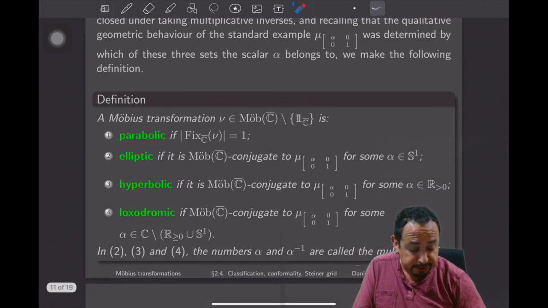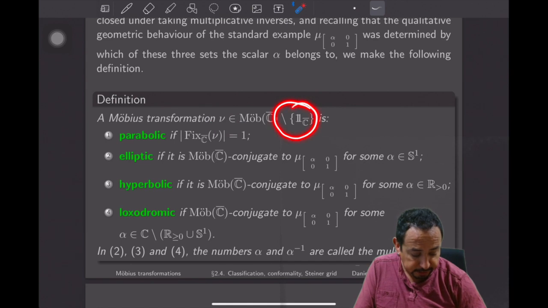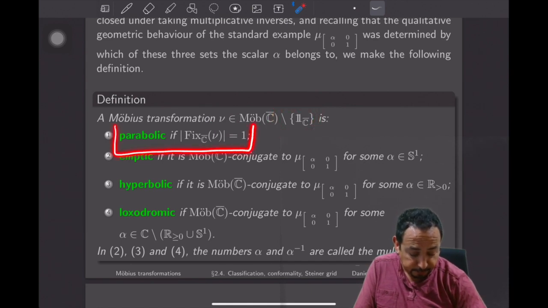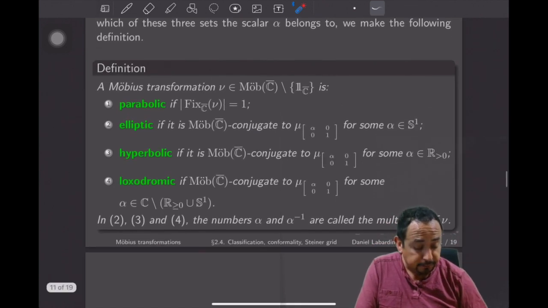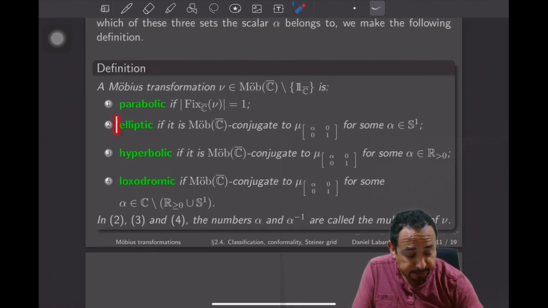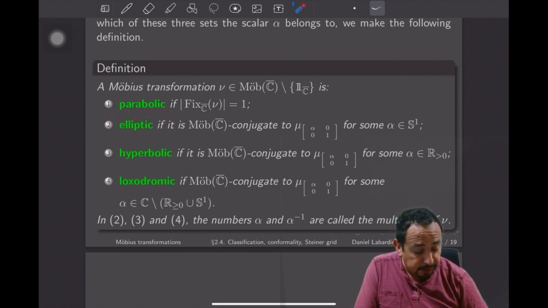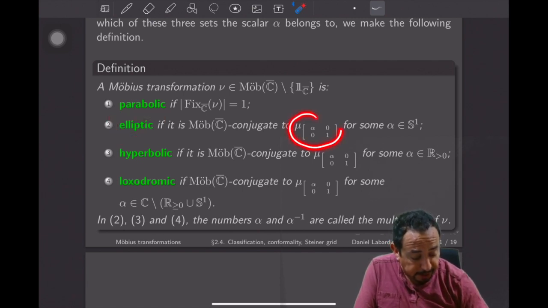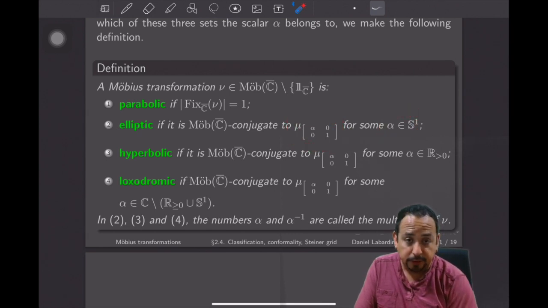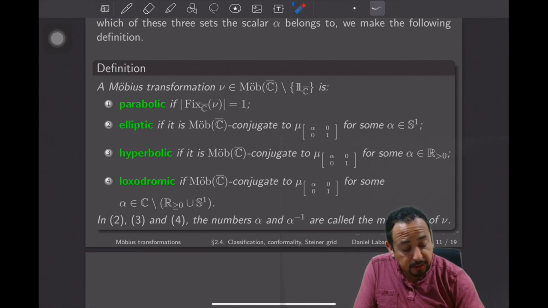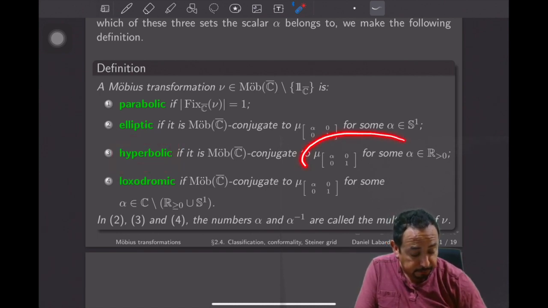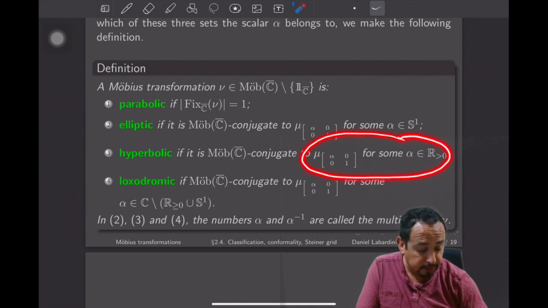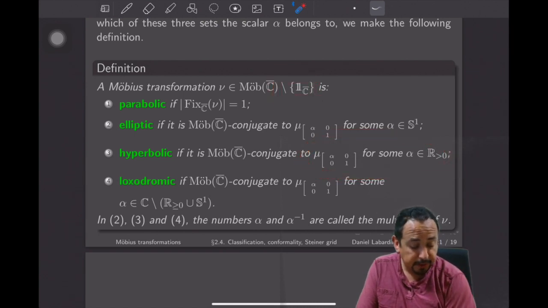A Möbius transformation, different from the identity, is said to be parabolic if it has exactly one fixed point, and if it has exactly two fixed points, we say that it is elliptic if it is conjugate to multiplication by some element of the unit circle. We say that it's hyperbolic if it's conjugate to multiplication by some positive real number, different from 1, right?